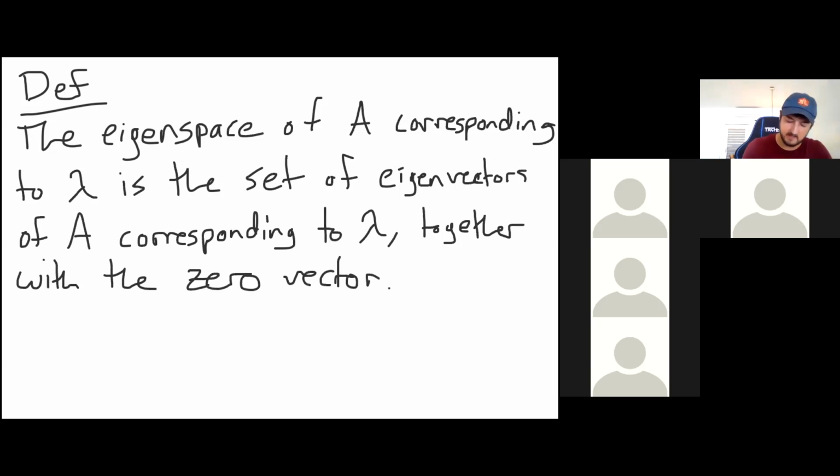That is what an eigenspace of A corresponding to lambda is. Set of all eigenvectors corresponding to lambda, and then we just throw in the zero vector as well.